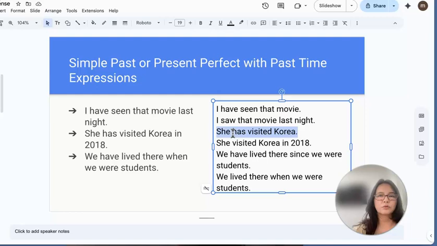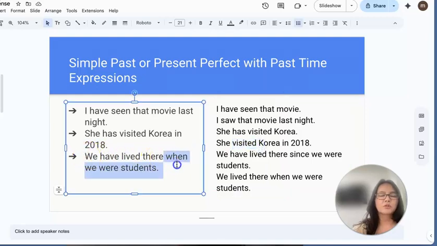We want to let other people know, oh, I have experience visiting Korea. Yes, "she has visited Korea," present perfect tense. And also, with a specific time expression, simple past: "visited." Yeah, simple past tense.